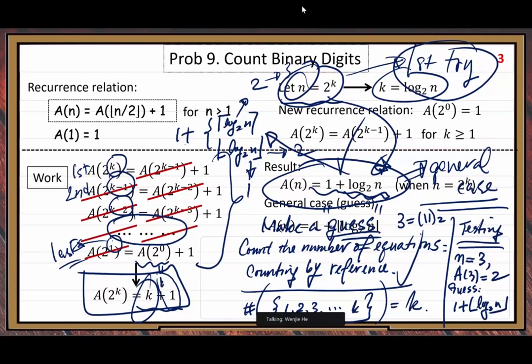But that's a guess. Whether it is correct or not, we need to verify it. The good thing is, if we have a good guess, then we have a very good chance to verify that it is correct. There is a powerful method we can use to do the verification: mathematical induction.